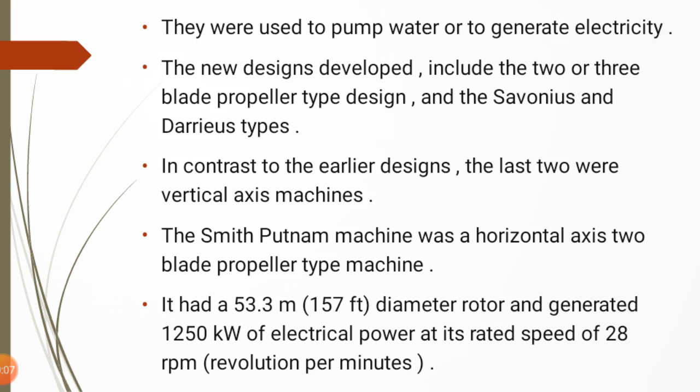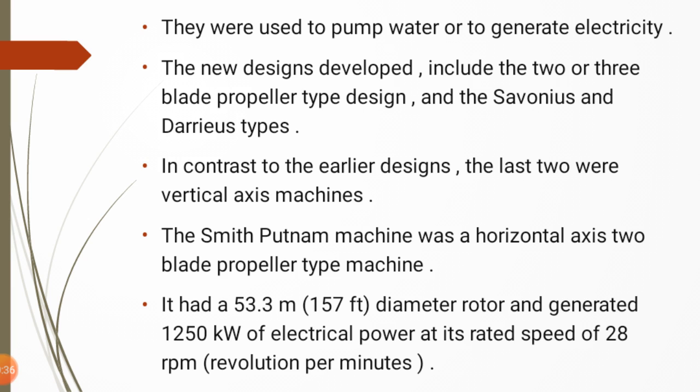These names are given because of the type of rotor used in the windmill. The rotor is the part used to convert the kinetic energy of the wind into mechanical power.